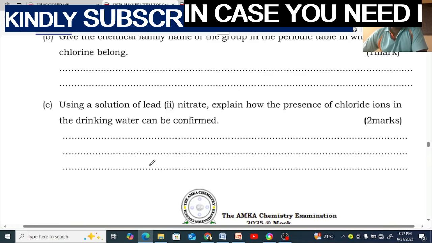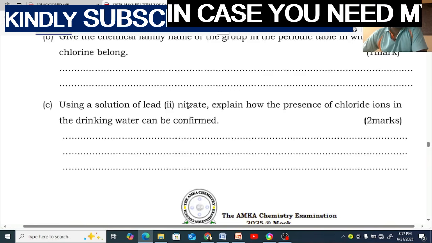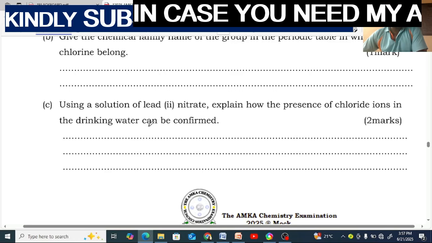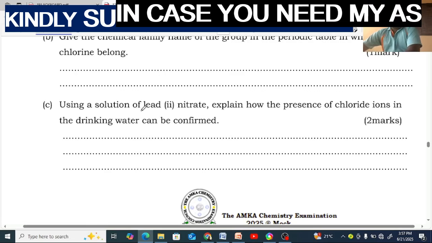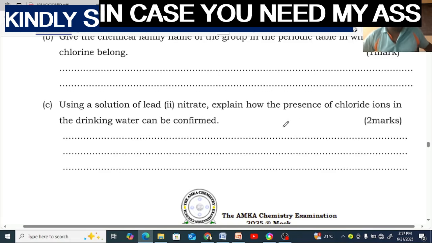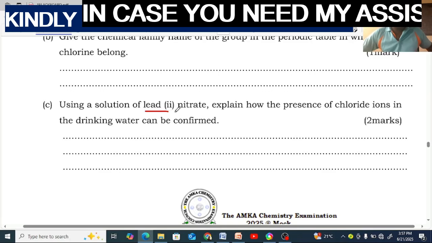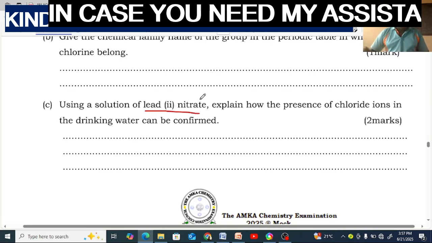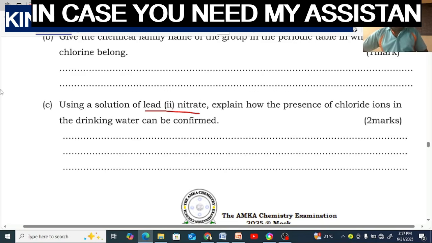Using a solution of lead(II) nitrate, explain how the presence of chloride ions in the drinking water can be confirmed.